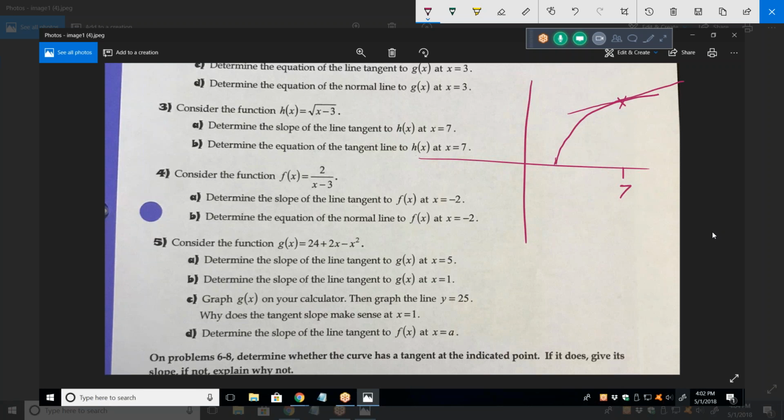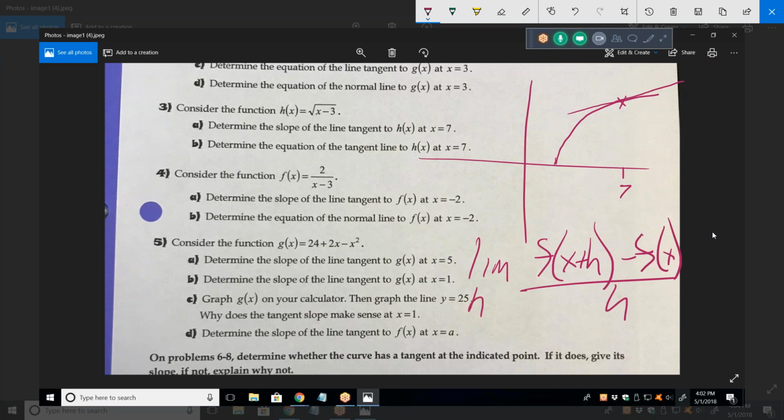In other words, if you want the slope of the tangent line, then you are taking the limit of f of x plus h minus f of x all over h as h goes to 0. That is the limit quotient definition of first derivative.